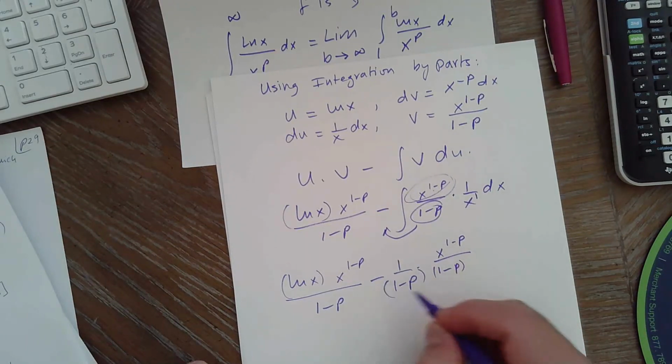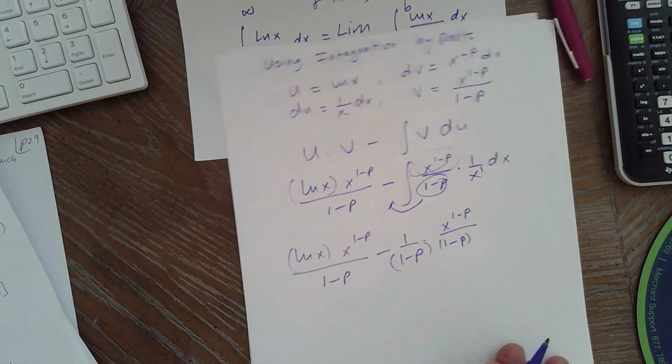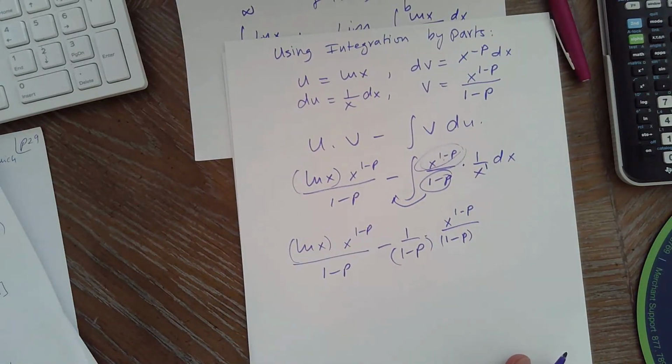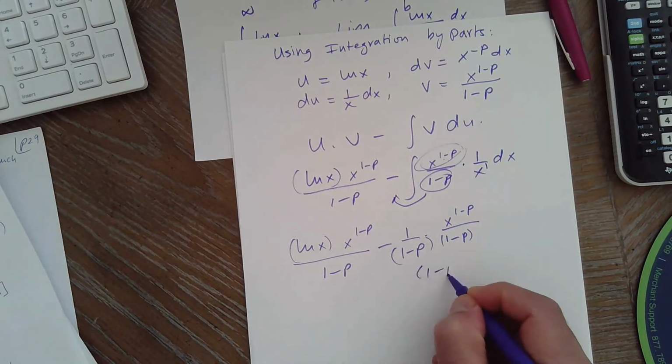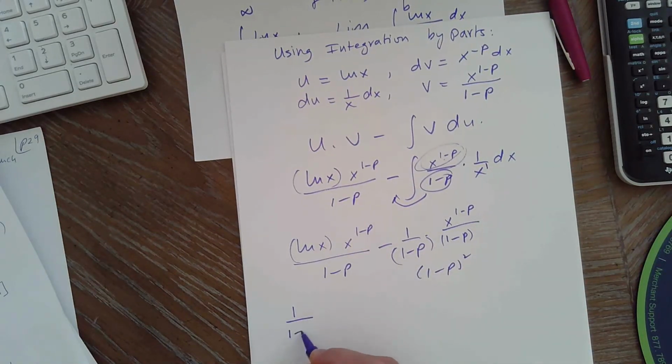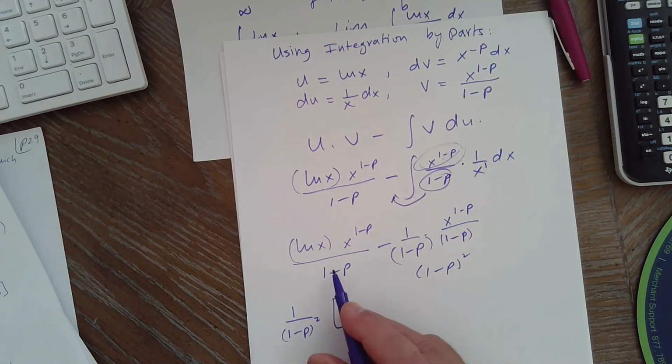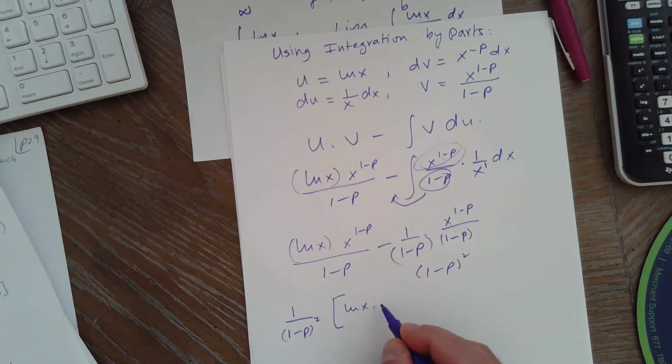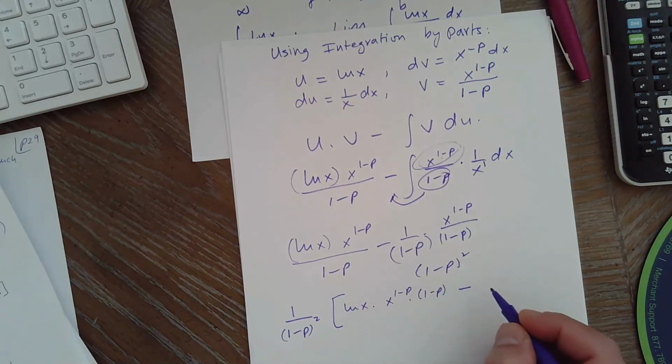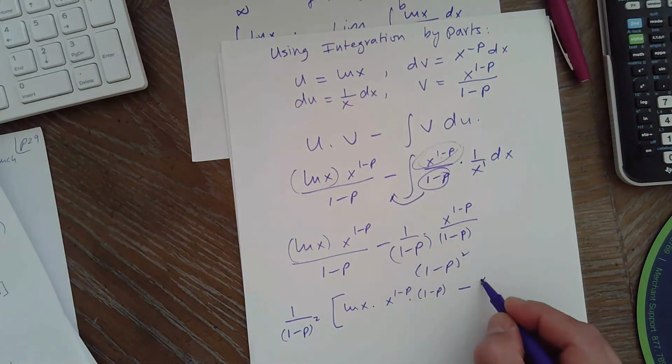So you're going to have 1 minus p squared at the bottom. What I did, I factored out 1 over 1 minus p squared, and that's going to be ln of x times x to the 1 minus p times 1 minus p, minus x to the 1 minus p.